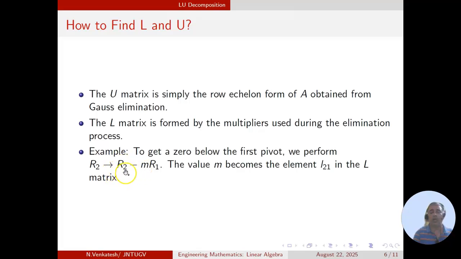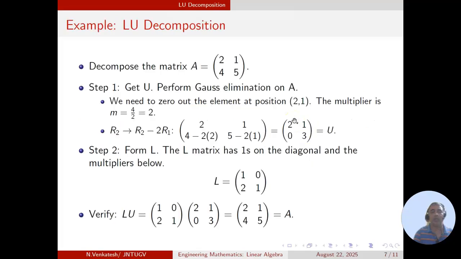That is, if you perform R2 as R2 minus M R1, then M we call a multiplier, and that will become an element of the lower triangular matrix, that is L21.